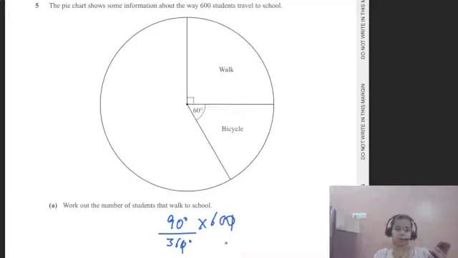So we cancel this 0 with 0. In the table of 6 we cancel, 6 1s are 6, 6 6s are 36. And then in the table of 3, 3 6s are 18, 30 divided by 2 will be 15 and times 10 will be 150. So 150 students will be there who walk to school.